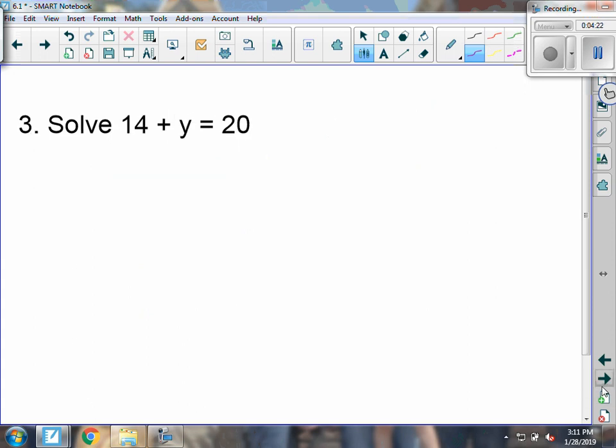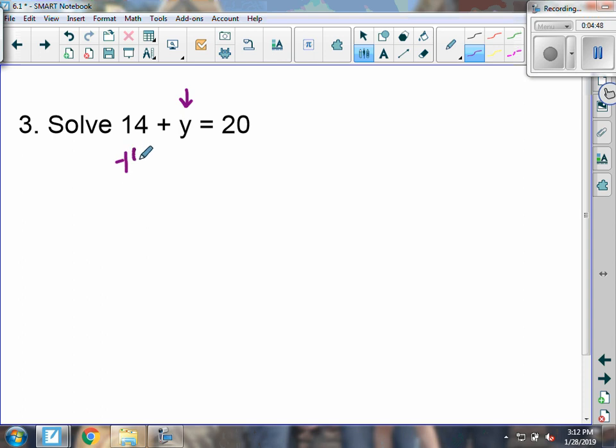14 plus y is equal to 20. Go ahead and copy that down. So we have a positive 14. So here's our y. So we have 14 plus y. So we want to get rid of this 14. I want 14 minus what equals 0?